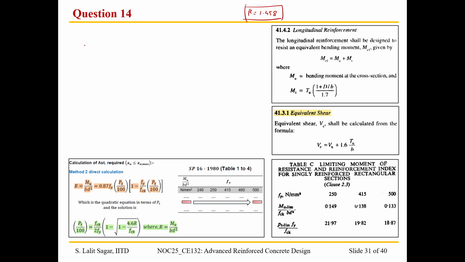So R is equal to 0.87 Fy into Pt by 100 into 1 minus Fy by Fck into Pt by 100.